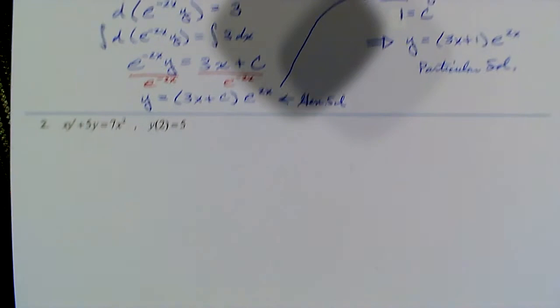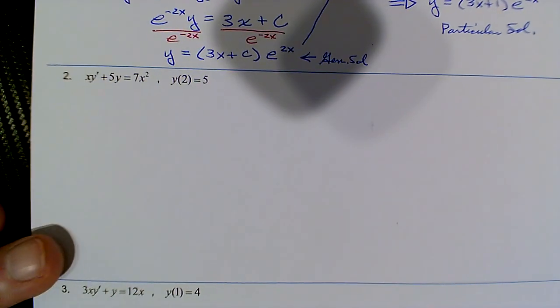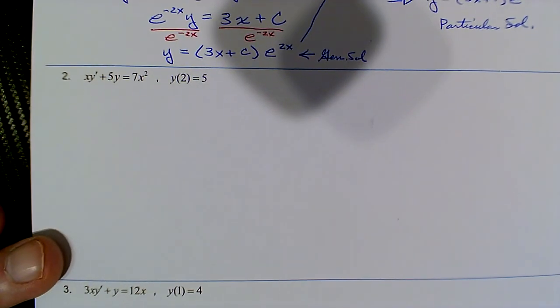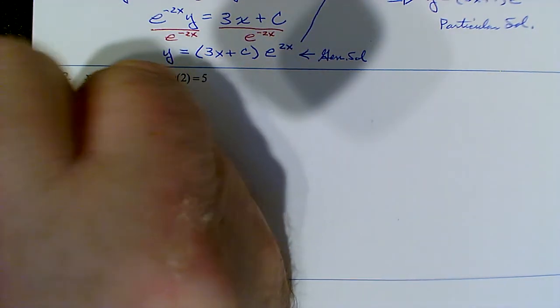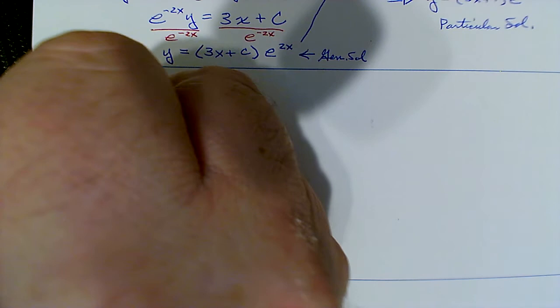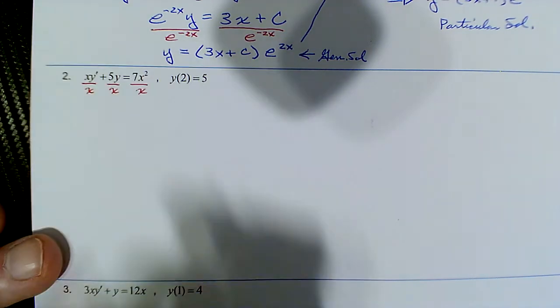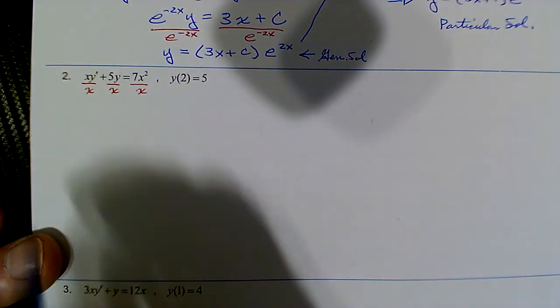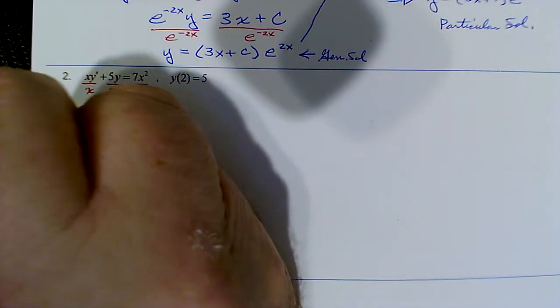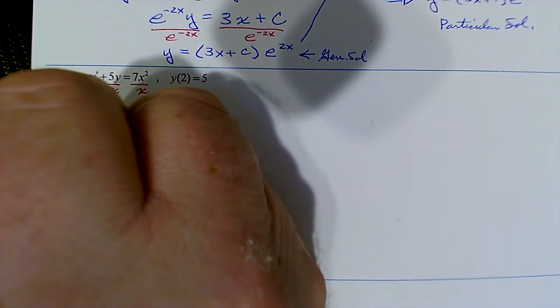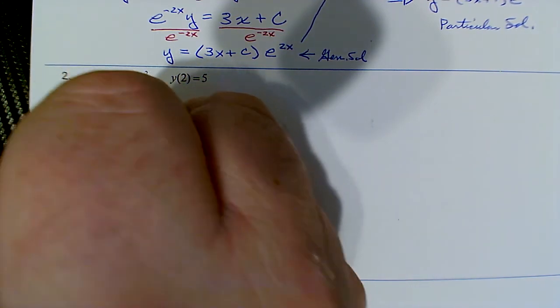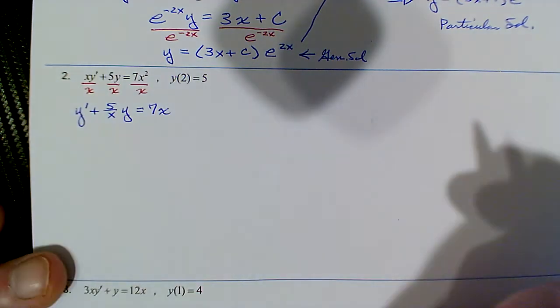Okay, so some more examples. This one requires us to obtain standard form by dividing everything by x. So we get y prime plus 5 over x y equals 7x.